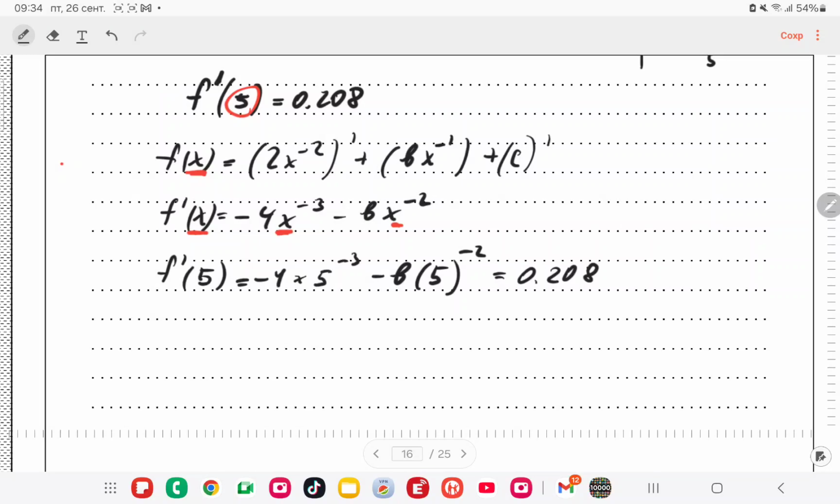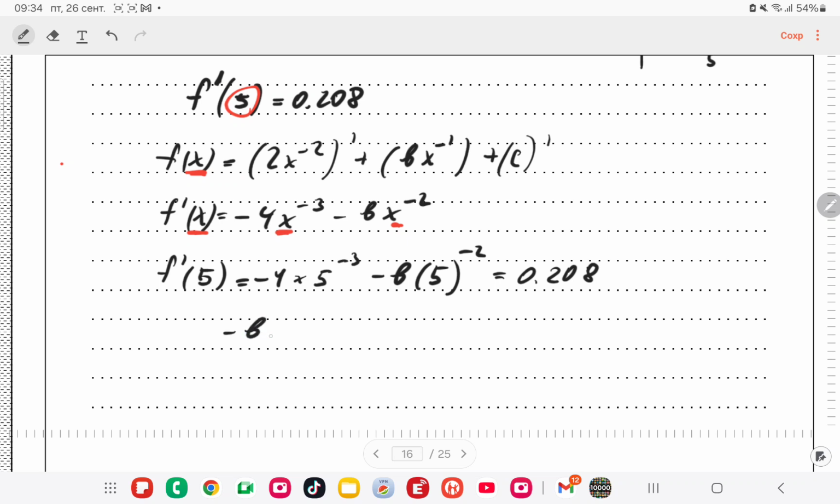Okay, now we should solve for b. You can use your calculator and solve it by calculator. There are several options for how it could be solved in a calculator. The first way is simply the analytical one.